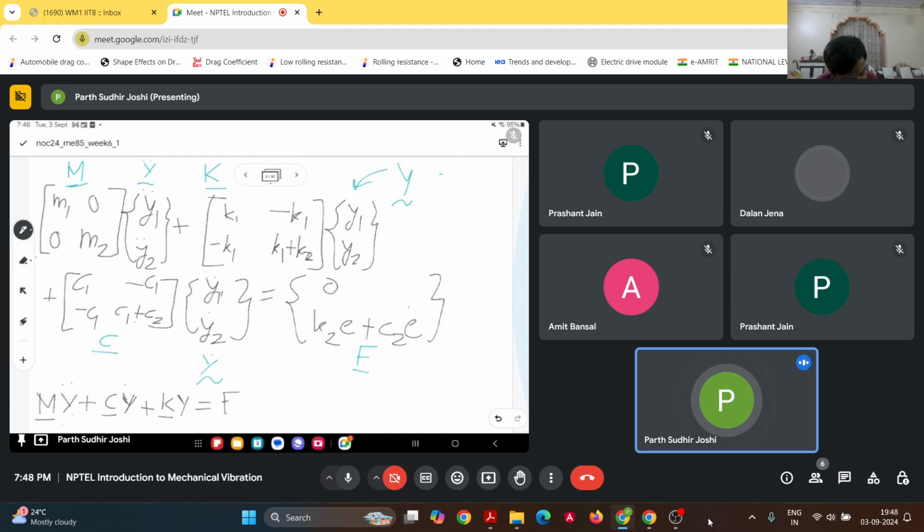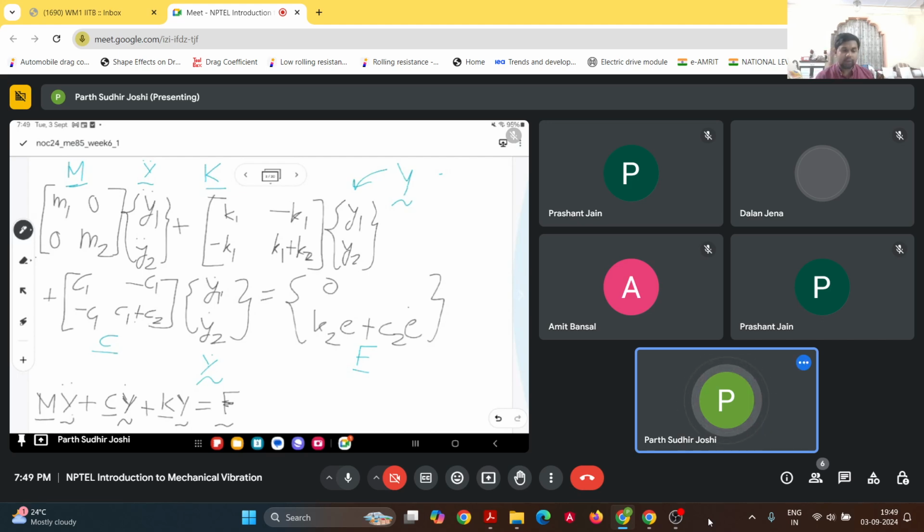Whereas when I am placing a curled symbol below, let us say, Y, I mean that it is basically a vector. So this is basically the entire equation in a compact matrix form.